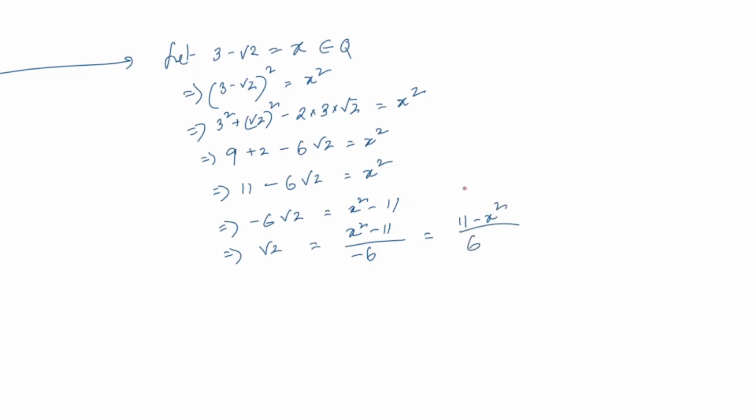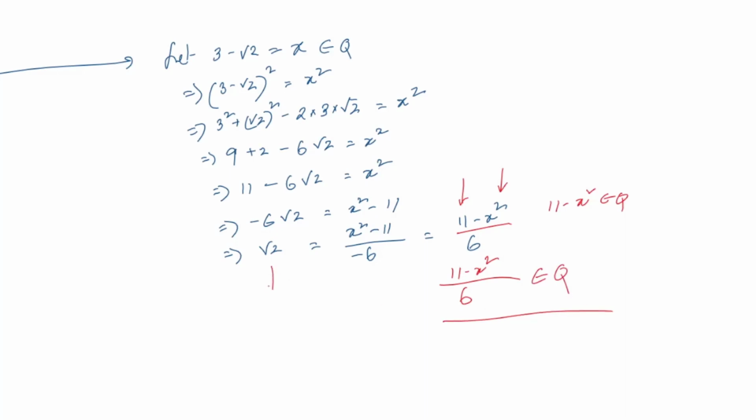Now here you see 11 is a rational number. x square is also a rational number because we have assumed that x is a rational number. So 11 minus x square is a rational number. So we can say 11 minus x square, this is rational, divided by 6, another rational number, is a rational number.